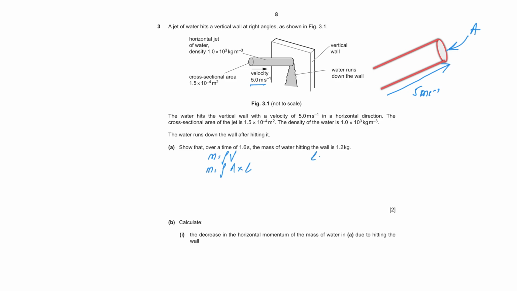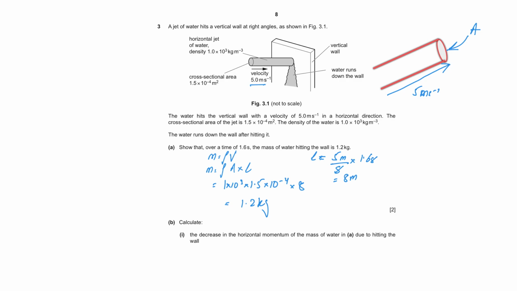So the total length is 5 meters per second multiplied by 1.6 seconds. The seconds cancel out and you get 8 meters. Now plug in the values. The density of this water is 1 into 10 to the power 3. The cross-sectional area is 1.5 into 10 raised to the power minus 4. The length is 8 meters. You'll get the mass as 1.2 kilograms.